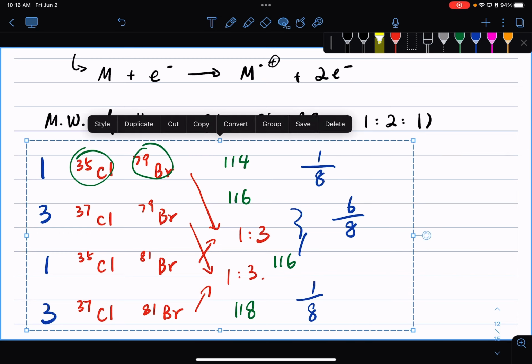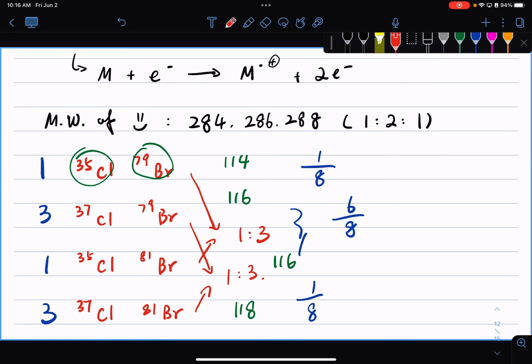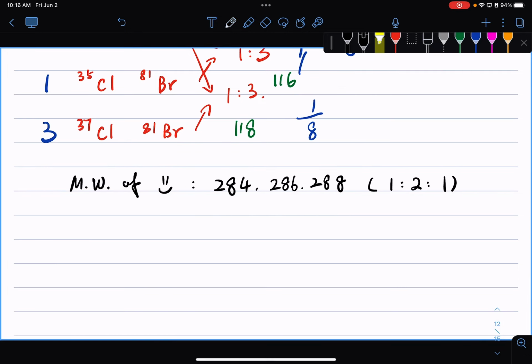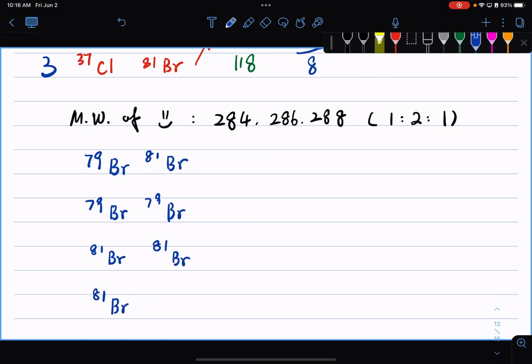Now the reality here is, the only choice we have left is probably our bromine. So let me just keep it here and copy it down. Now if we imagine we're doing the bromine, then what we have is 79 bromine, 81 bromine, 79, 79, 81, 81, 81, 79.